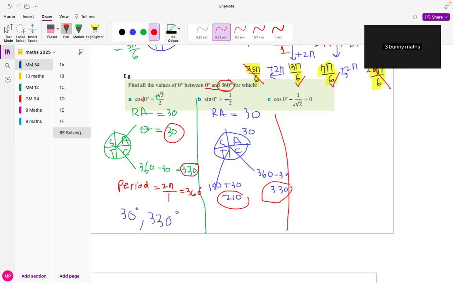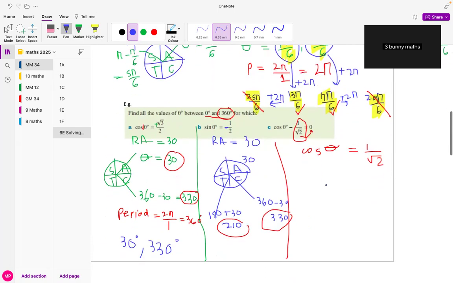Now, for C, before you find the reference angle, you need to make sure that the 1 on root 2 has been moved to the other side first. So cos theta equals 1 over root 2, okay? Now, the reference angle for 1 over root 2, if you remember, is 45 degrees. Or it's the same as root 2 over 2.